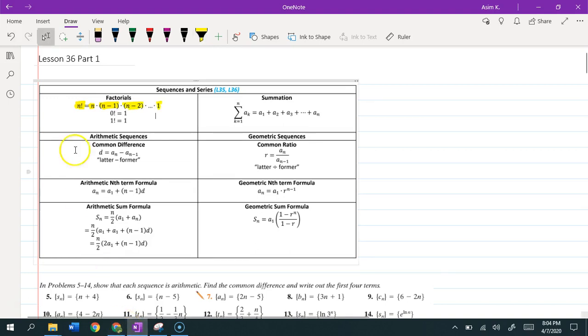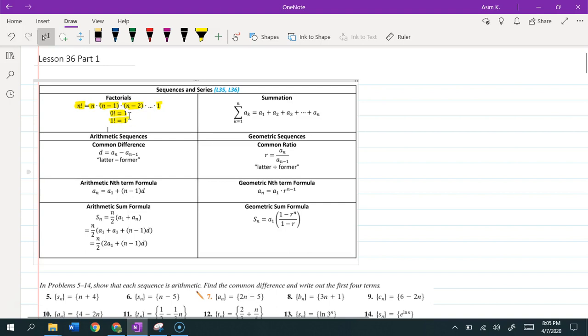That is the abstract way of looking at it. Now, there's a few rules that I forgot to mention to you. 0 factorial is 1, and 1 factorial is 1. Those are a few things I wanted to mention, especially that second one. That's not very intuitive; it doesn't just come to you right away.